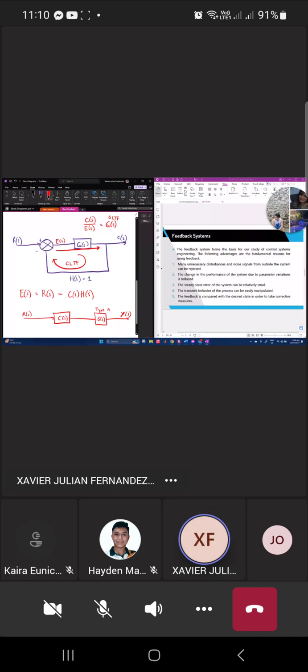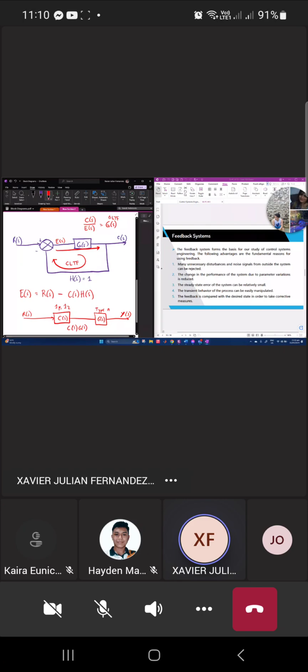If you cascade that, you get C of S times G of S, and that actually makes your system much more complex, because you're introducing another pole and another zero to the system. There are times, especially when the controller is not defined properly, that your system will become unstable.